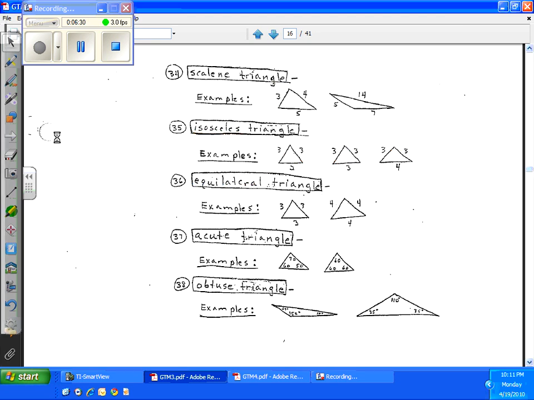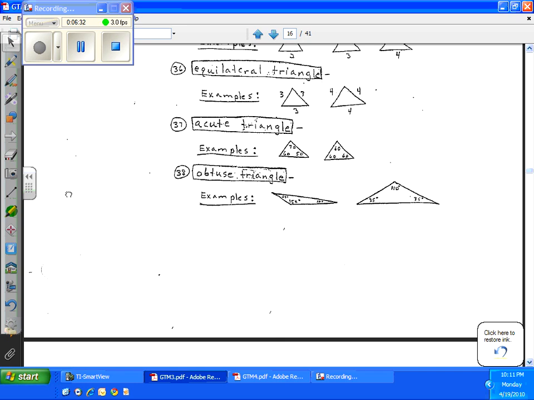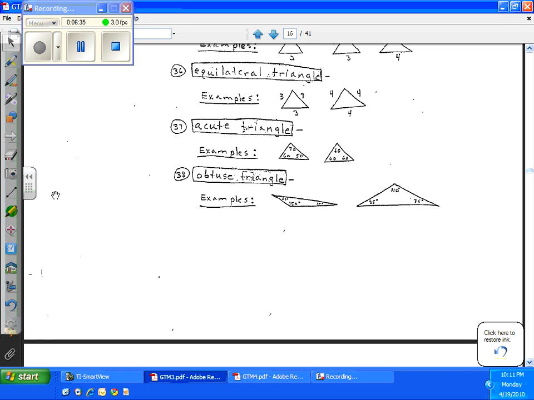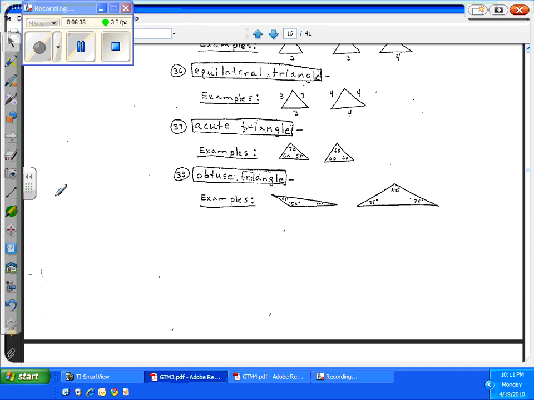Now we will classify triangles according to their angle measures. An acute triangle is a triangle where all the angles are less than 90 degrees. In other words, it has all acute angles.